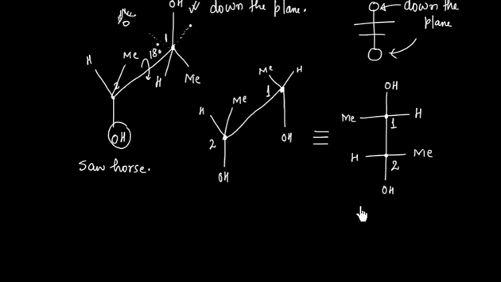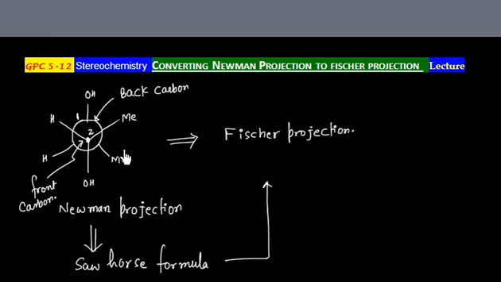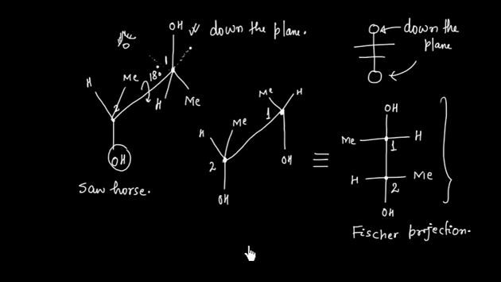So this is the Fischer projection formula. So you see, if I have hydrogen and methyl both on opposite sides, we have this Fischer projection formula.